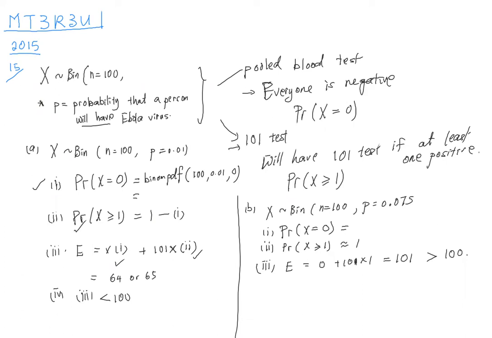So I'm talking about if the chance of a person getting the virus is this, what is the probability that none of them got the virus? So this is called negative. So how to do a pool blood test? If everyone is negative, one test. If at least 1 is positive, then that is called positive, then you have to do 101 tests.